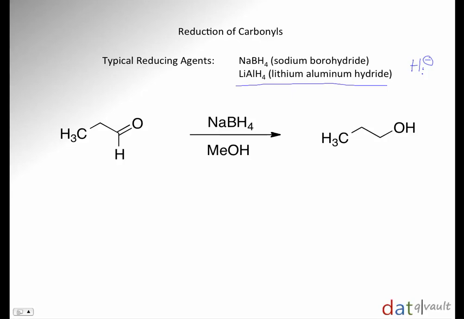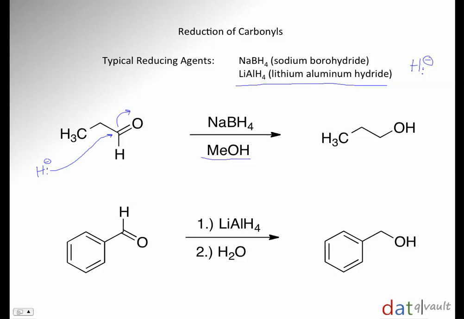And this works the same way for all carbonyl compounds: this hydride source, this source of H-, will come in and attack the carbonyl carbon and kick the electrons up onto oxygen. And then this lone pair of electrons on oxygen will grab a proton from some sort of a protic solvent, in this case methanol, which is a good solvent for sodium borohydride reductions, and then you get your corresponding alcohol.